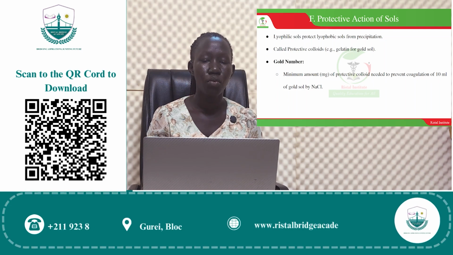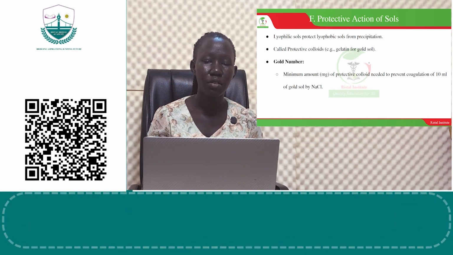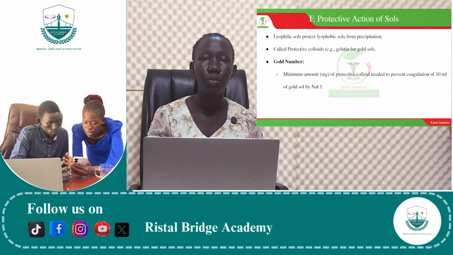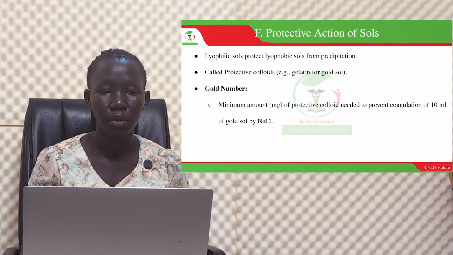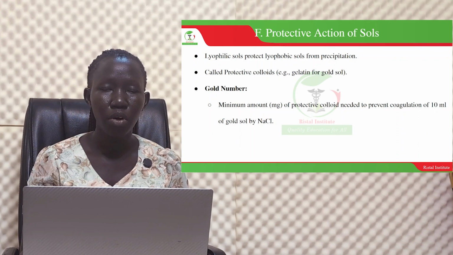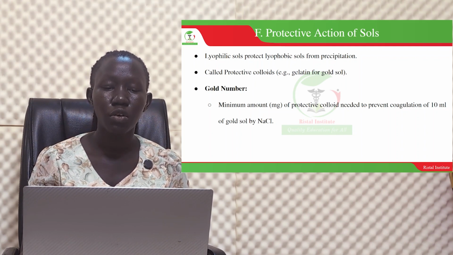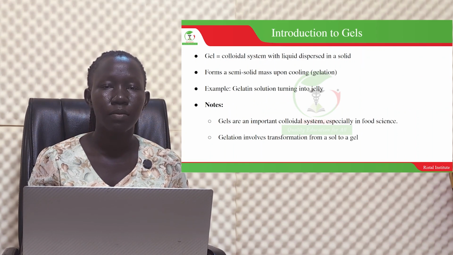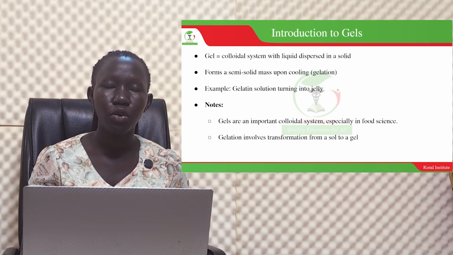The product produced after this combination is what we call the protective colloids. For example, gelatin for gold sol. We also have what we call the gold number. This is the minimum amount of protective colloid needed to protect and prevent coagulation of 10 ml of gold sol by sodium chloride.